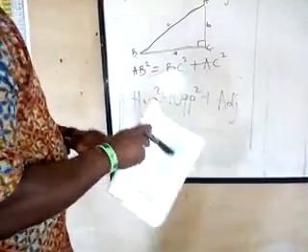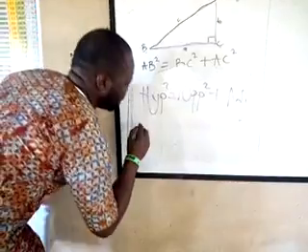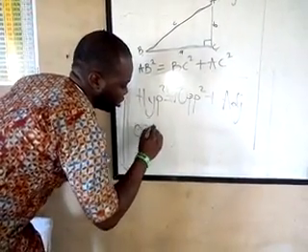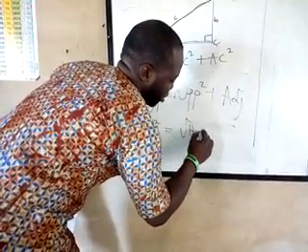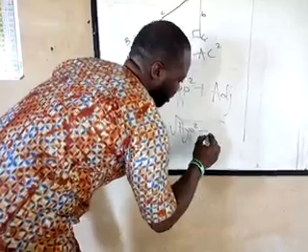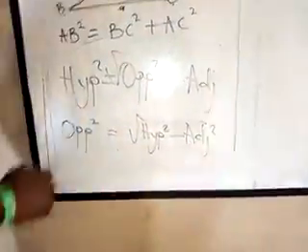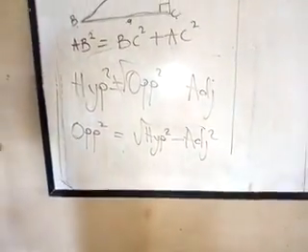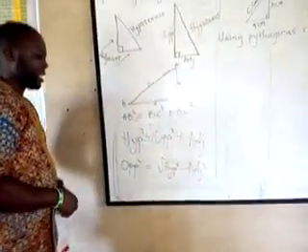So automatically, if you are asked to find your opposite, then your opposite square will now be hypotenuse square minus adjacent square.